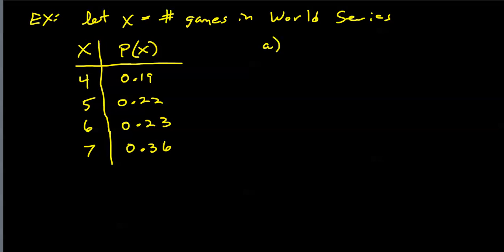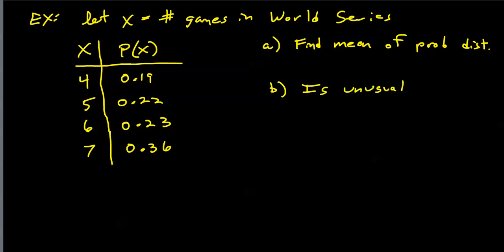A: find the mean or expected value of x, or of this probability distribution. And B: is it unusual to sweep a World Series by winning the first 4 games?